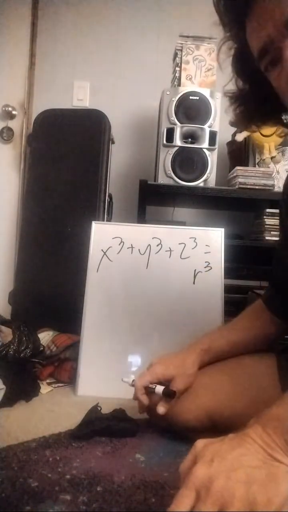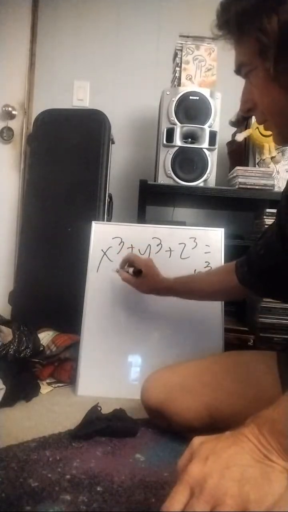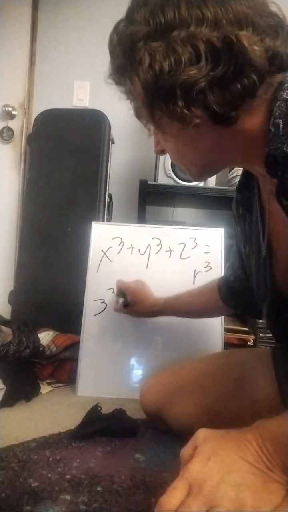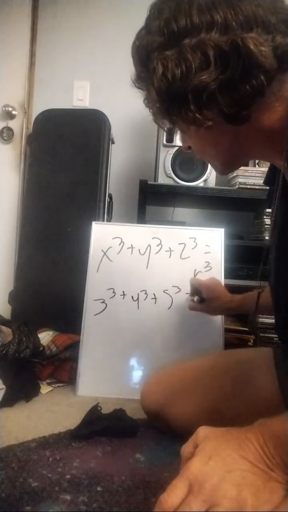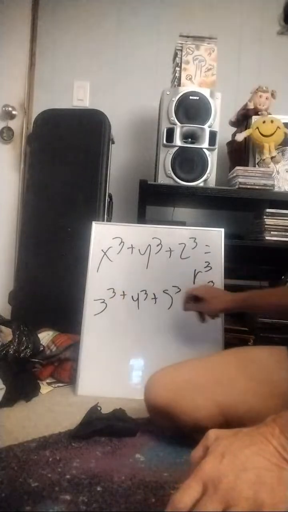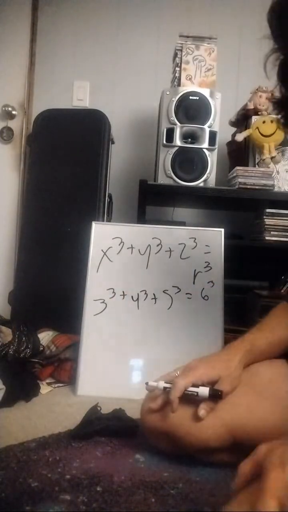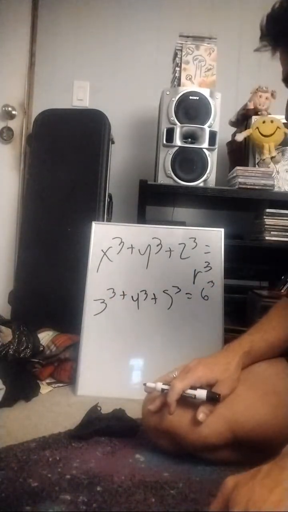If x squared plus y squared equals r squared works for 3, 4, and 5, what if 3 cubed plus 4 cubed plus 5 cubed equals 6 cubed? What if that were magically true? And what would that say about the universe or order or whatever? So I worked it out.